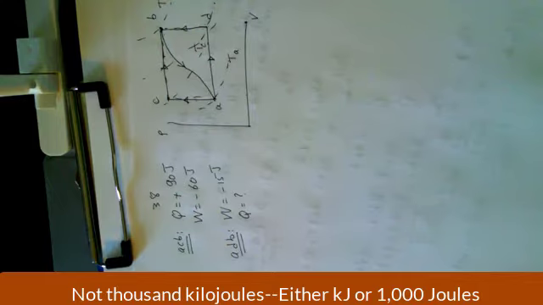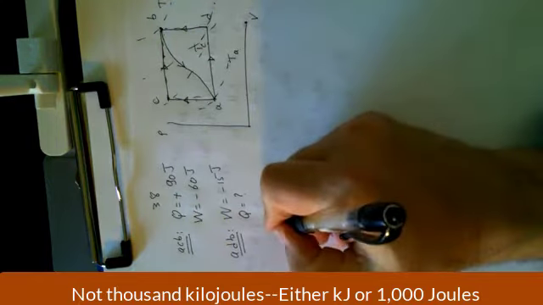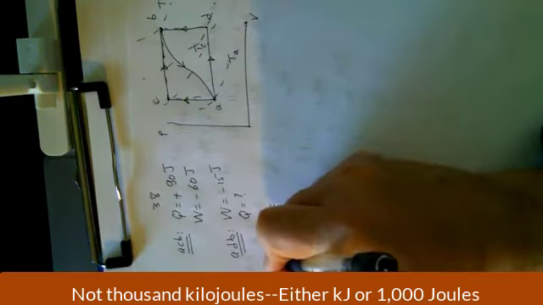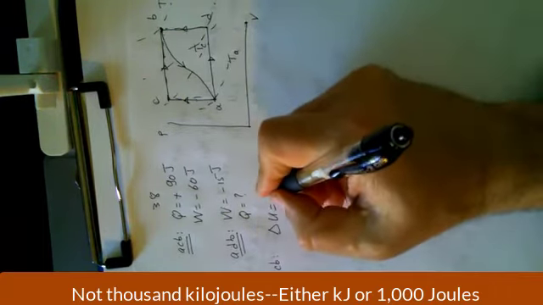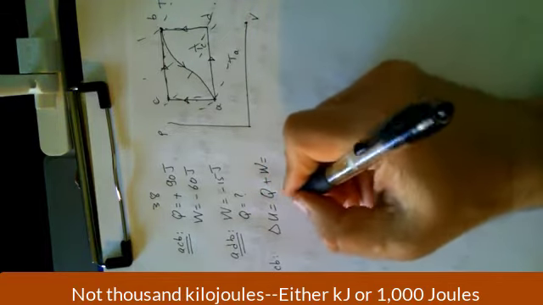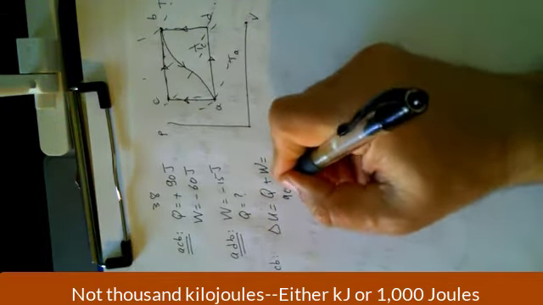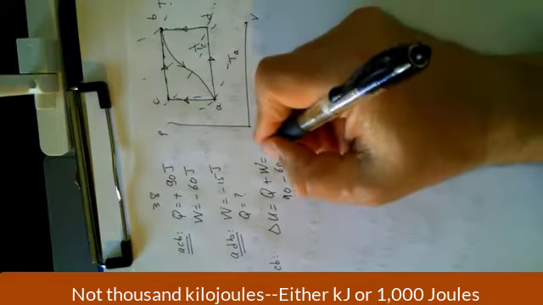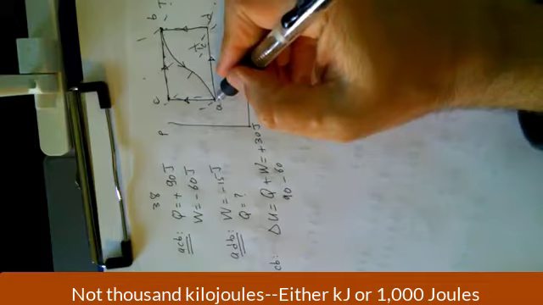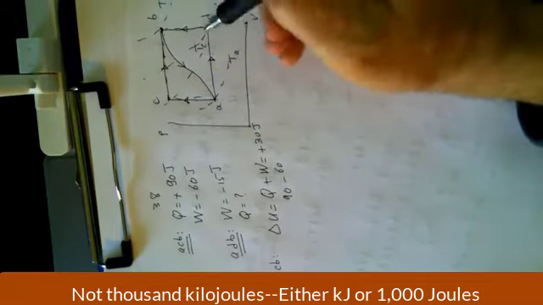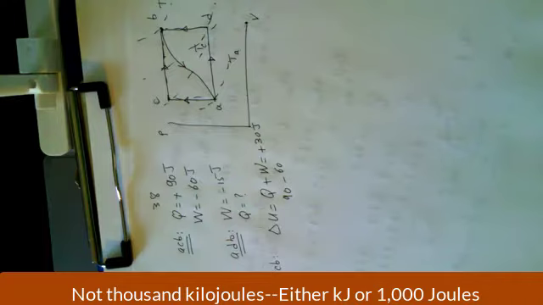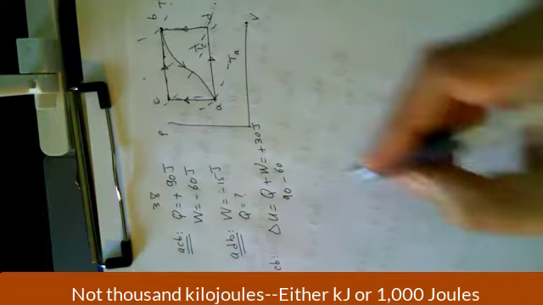Well, I know that the change in the energy in the first cycle, this is ACB, is equal to Q plus W. And I know what Q is. It's 90 joules. I know what W is. It's negative 60 joules. So this is a positive 30 joules. So in heating the gas from TA to TB, that requires 30 joules, no matter which way you go through it, because the energy is a state variable.